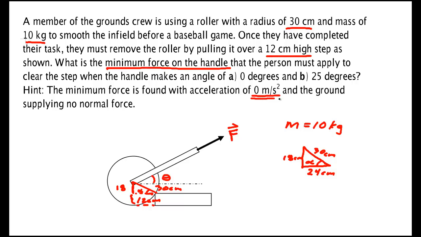So it's an equilibrium type problem. So a_x equals a_y equals 0 meters per second squared. And the ground supplies no normal force. So the ground, which is down here, when you are lifting it, is not any more pushing on this.